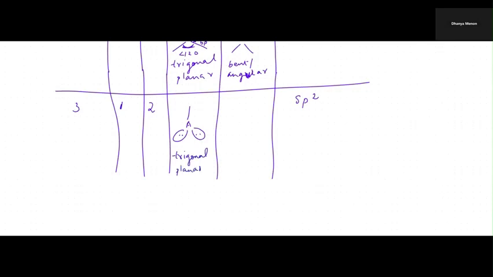Here again, this is the lone pair, this is the lone pair, this is the bond pair. We learned lone pair, lone pair repulsion is more than lone pair, bond pair. So they will push each other so much that this angle will be greater than 120 degree. And this lone pair will push this bond pair in such a way that this bond angle is less than 120 degree.